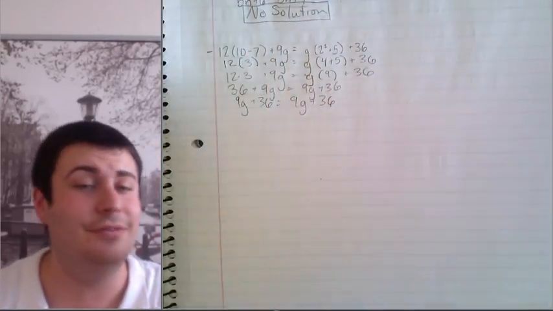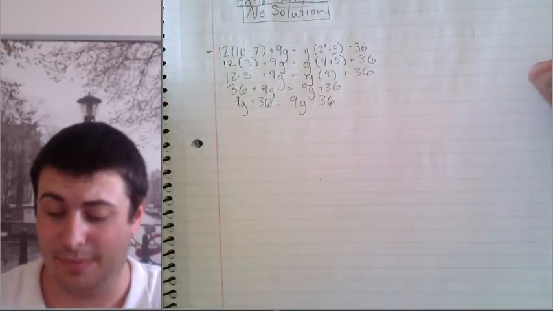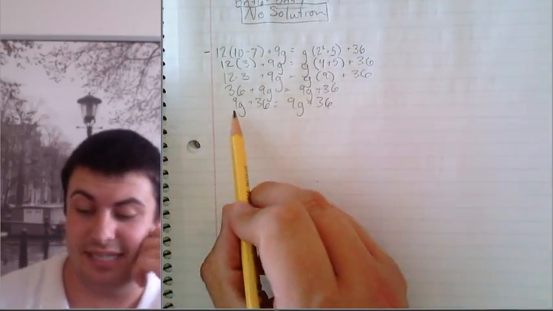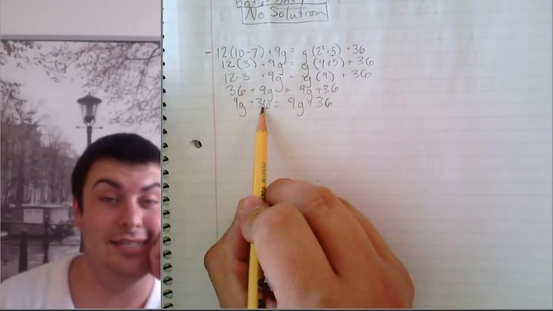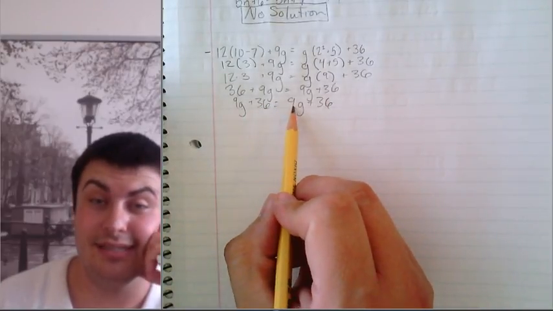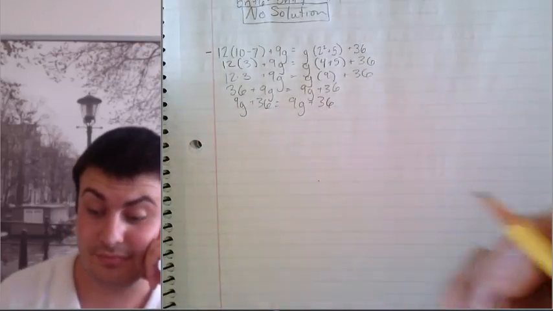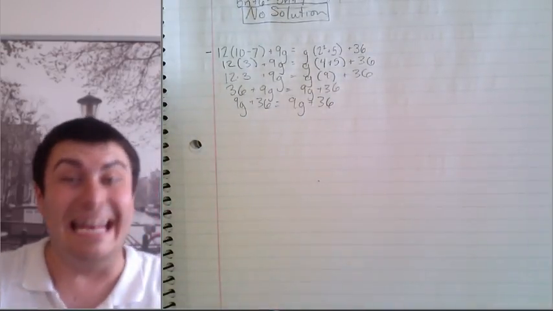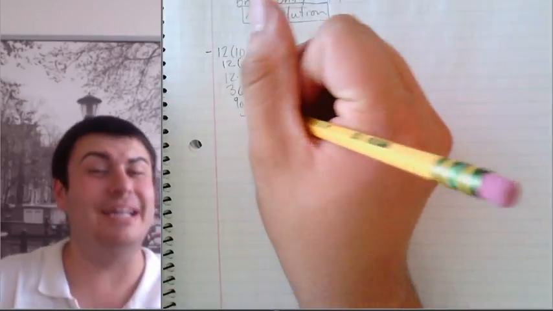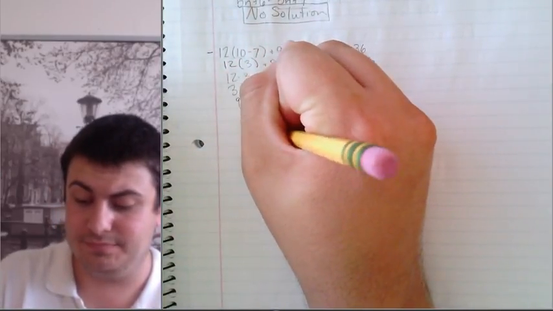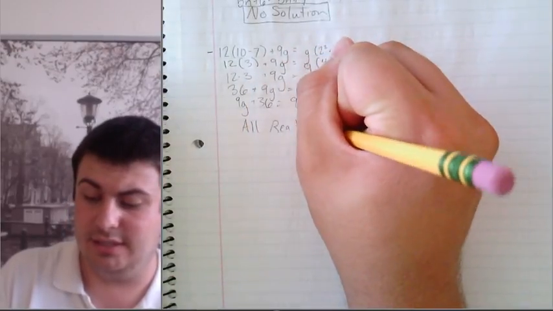With a little rearranging, we see that 9g plus 36 equals 9g plus 36. Again, because we can't move things from one side of the equal sign to the other, now let's think about it. What can we plug in for g that if we take 9 times that and add 36, it equals 9 times that same number plus 36? If you think about it, we can plug in anything for g. So if we can plug in any real number, we're going to say that the solution is all real numbers.